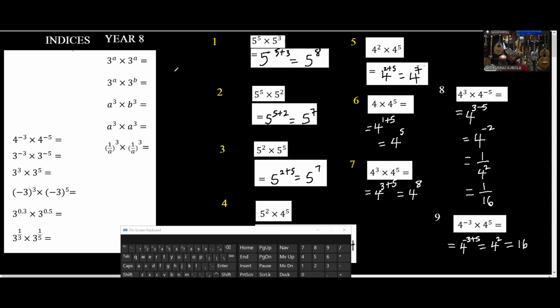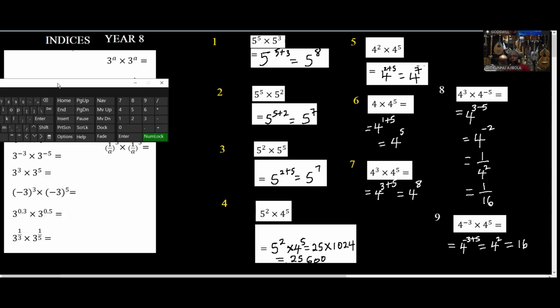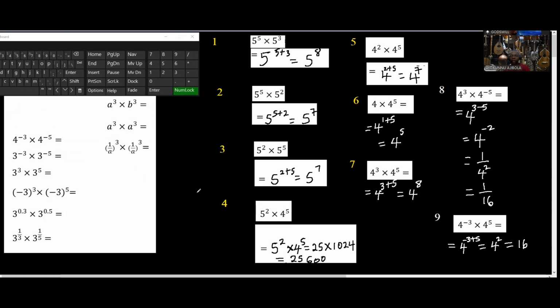Now you remember when I was showing you the laws of indices, I stated something like, if you have 1 over a, it's the same thing as a raised by minus 1. Or if you have a raised by minus 1, it's the same thing as 1 over a raised by 1. This is part of the laws of indices. Is that clear?